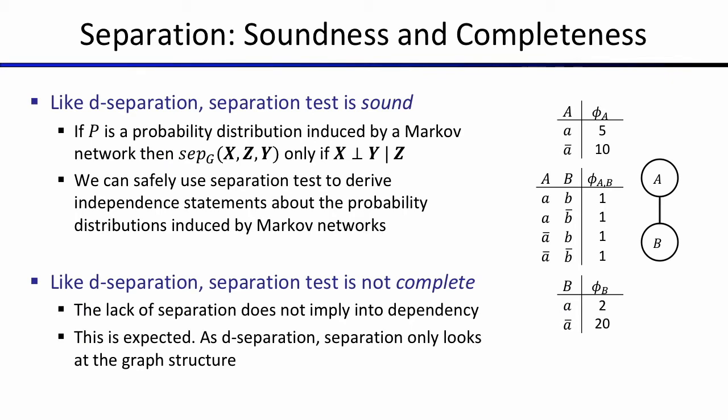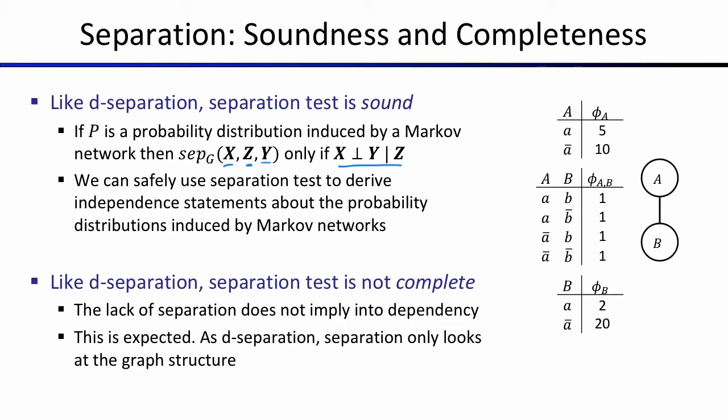It means that if we have a probability distribution P that's induced by the Markov network, and we find that the nodes X are separated from Y given Z, it means that X is independent of Y given Z in the probability distribution P. So in other words, we can safely use the separation test to derive independence statements about the probability distribution P.